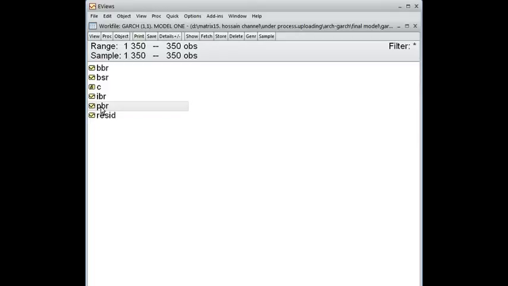And PBR is the Pakistan bond return. About all these things, I have already discussed in the previous slide. Okay, what I do, I open these four variables as a group.